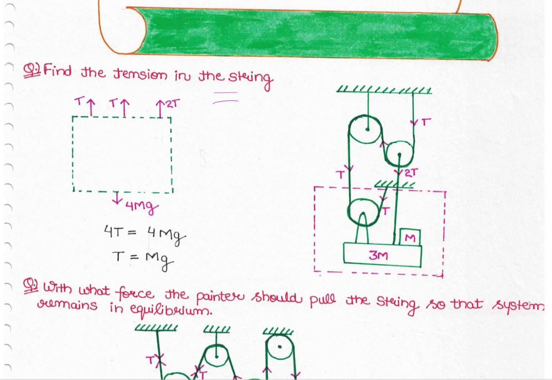of this block only. So as you see from this figure, this is T, T, and this is 2T, and total mass 3m plus m.